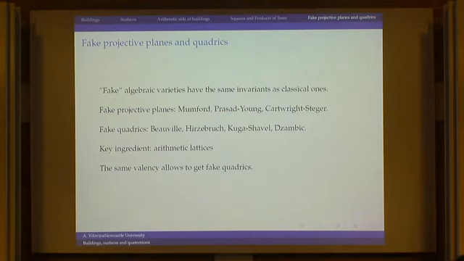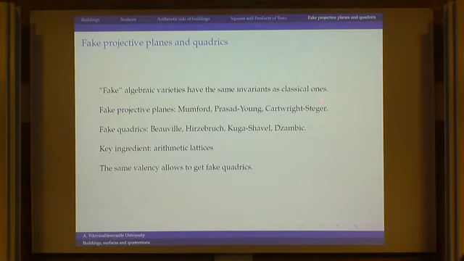Nevertheless, those fake projective planes were classified, and there was the Prasad-Yeung paper in Inventiones, which gave a framework of classification, but they thought that they had already classified all of them. They claimed that there were 18 of them, but it turned out that there are 50, right?